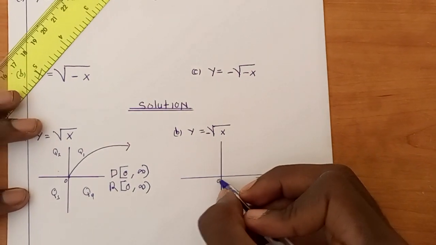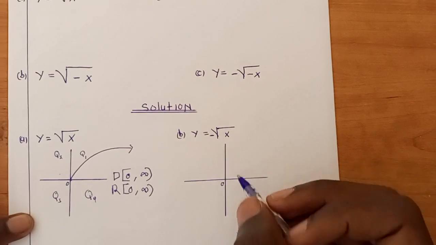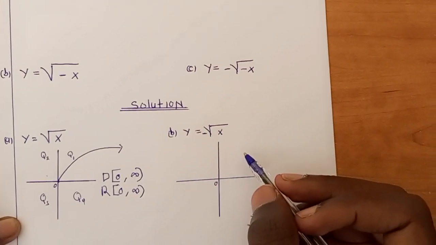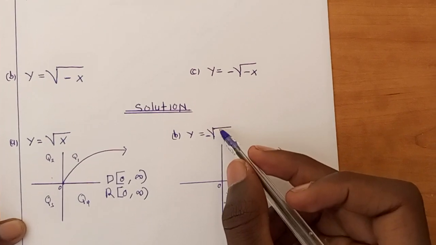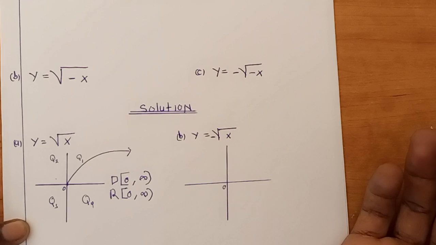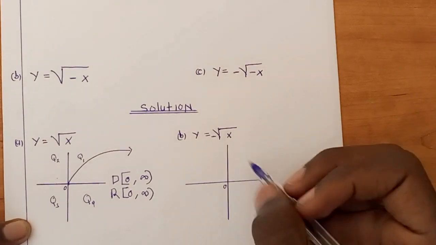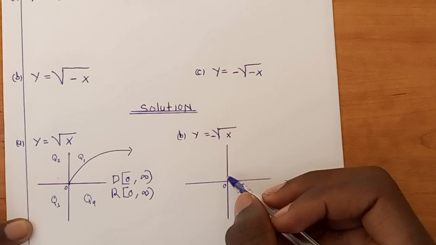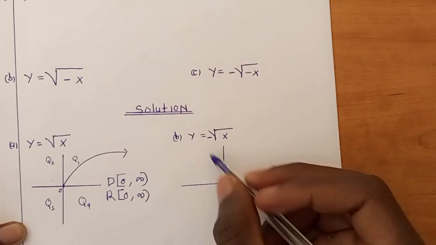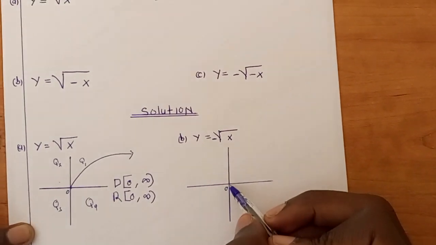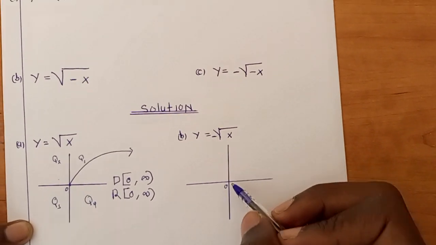Then you put 0 here. Now, since the radical is negative, and the radical is representing some y, while the x inside is positive and represents just the x, which quadrant is going to represent y being negative and x being positive?